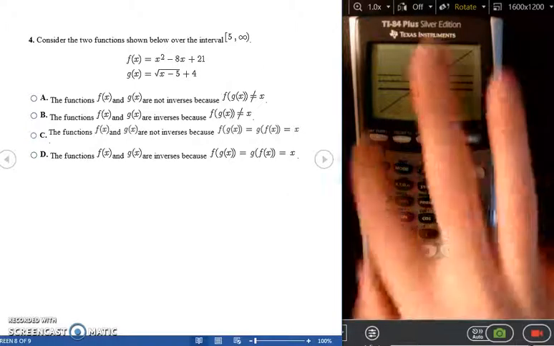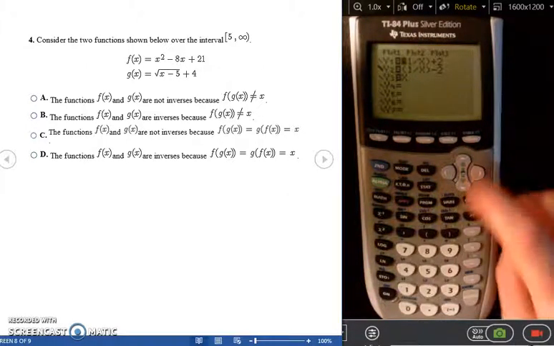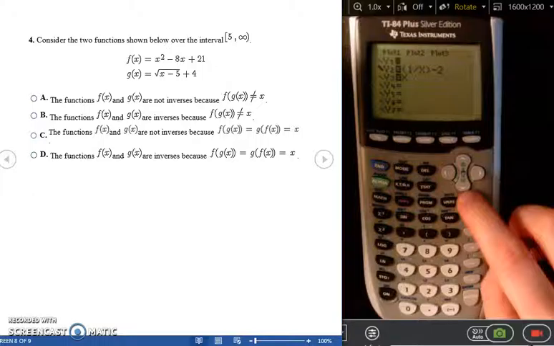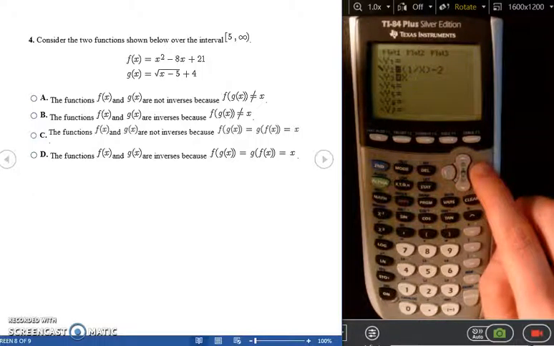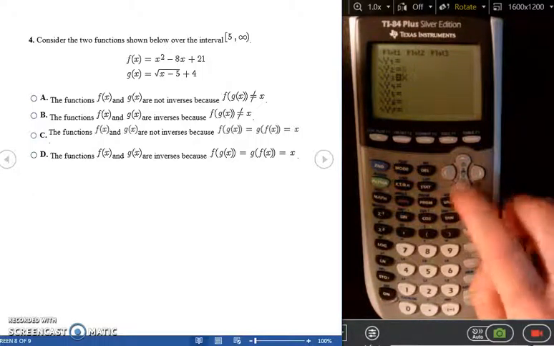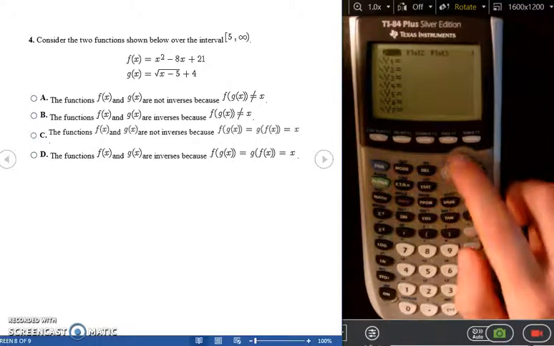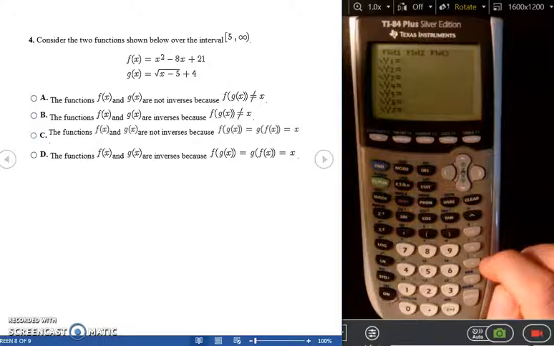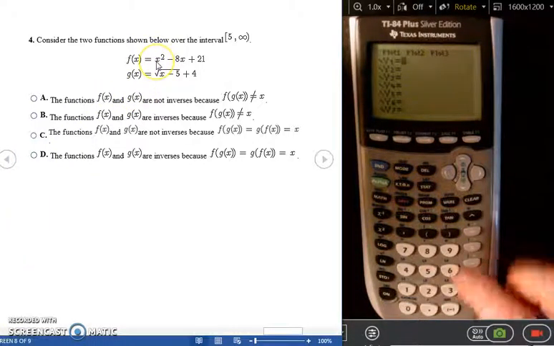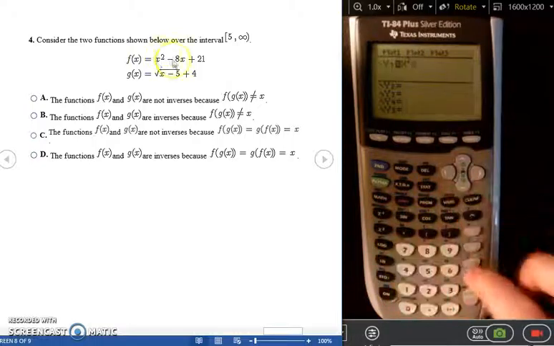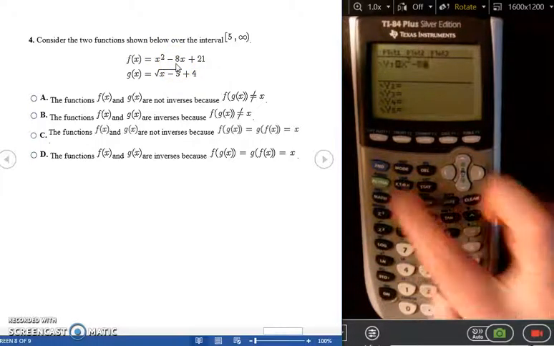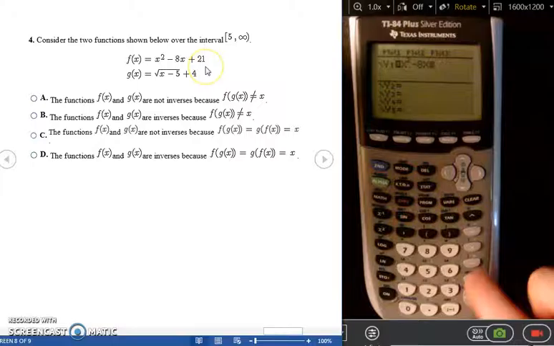I'm going to go into y equals, and I'm going to clear out everything I have here. And then I'm going to type in my 2 functions. So into y1, I'm going to type f of x, which is x squared minus 8x plus 21.